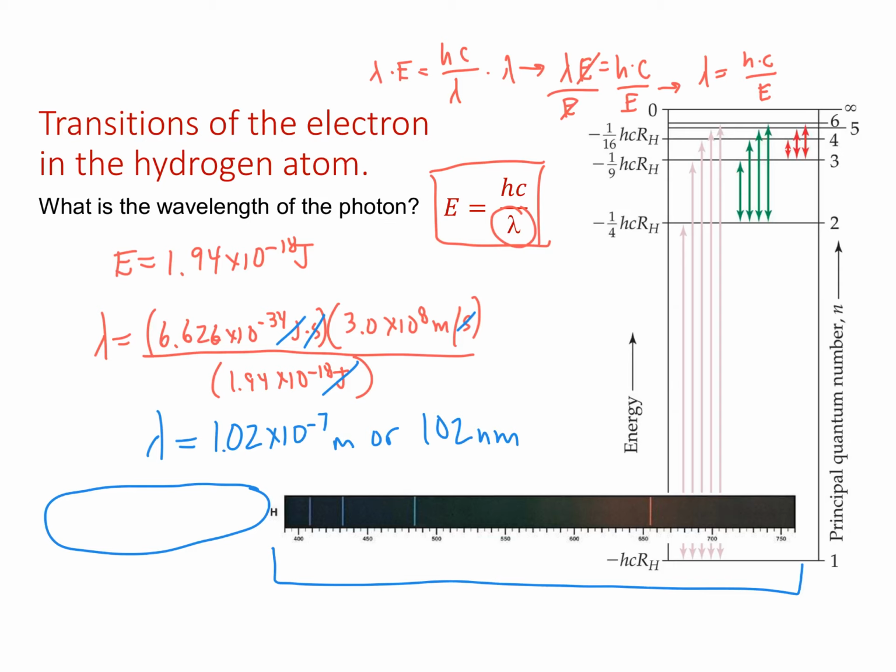The transitions that we do see, right, are of a longer wavelength, lower frequency, of a lower energy. So the transitions we see are actually the smaller transitions, n equals 2 to 3, 3 to 4, 4 to 5 in that region. The larger transitions that are occurring, we cannot see because they release an energy of light that's equivalent to something in the UV region that we cannot detect with our eye.